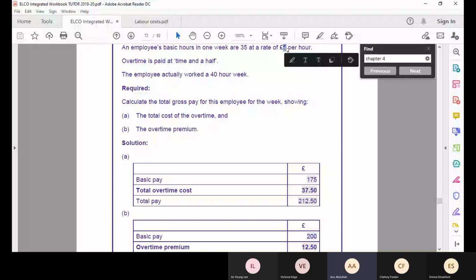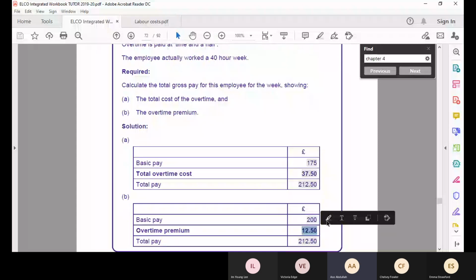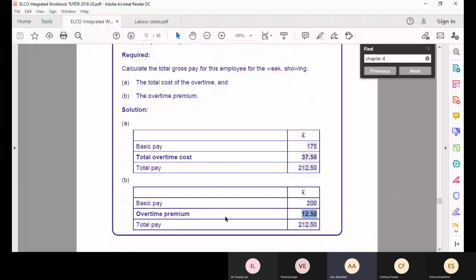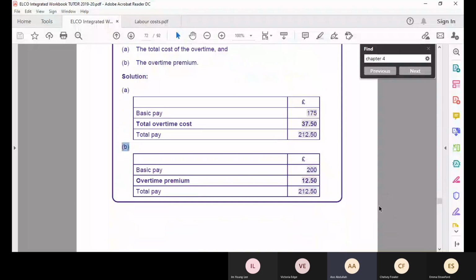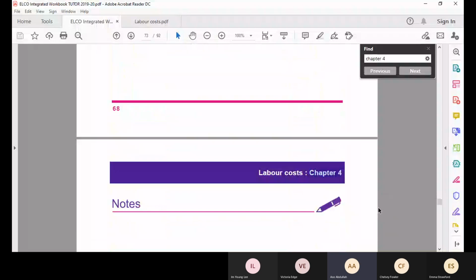So half is £2.50, and £2.50 times 5 is £12.50. Okay. In the exam, most of the questions are based on option B, so based on option B, you will have a question in the exam.